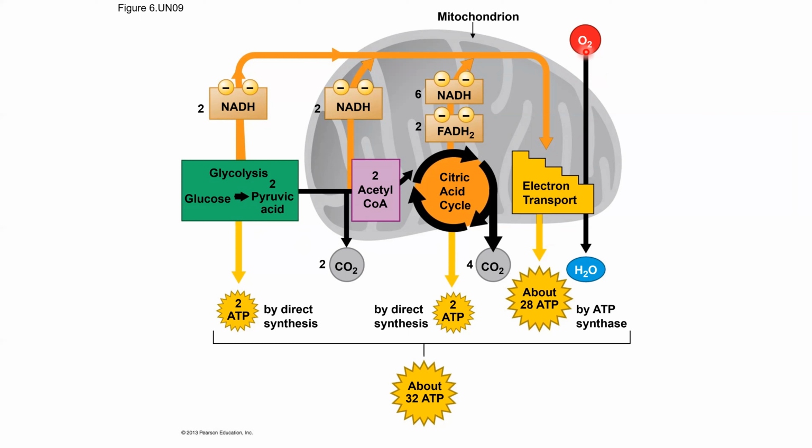Oxygen picks up those electrons and hydrogens and turns into water. Oxygen accepts electrons, hydrogen becomes water. And of course, NADH becomes NAD plus, and FADH2 becomes FAD, back to their original state.